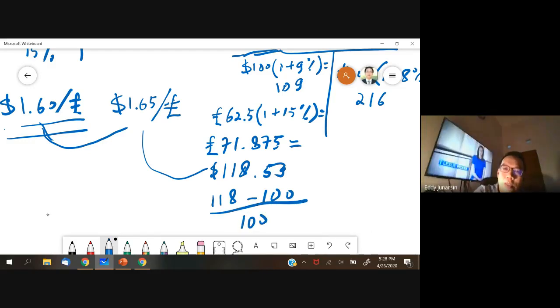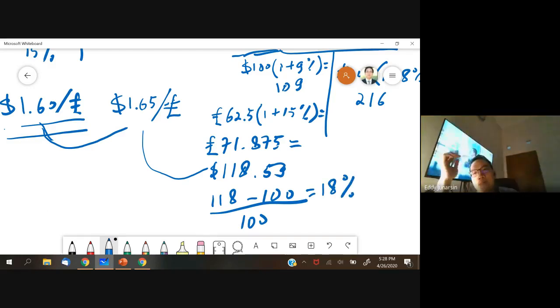Divided by 100. So suddenly your return is actually better than expected, right? Because when you went to the UK, you expected a 15% return, but in reality, when you repatriate the money back to the US, actually you gain 18% because of the appreciation of the British pound, right?